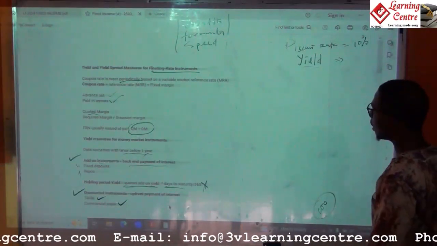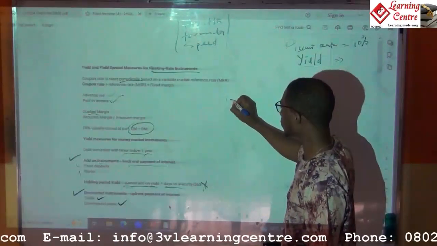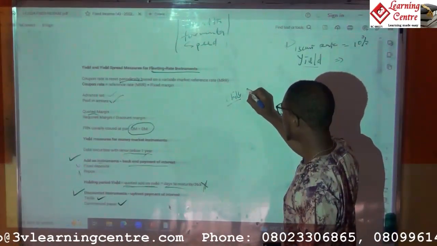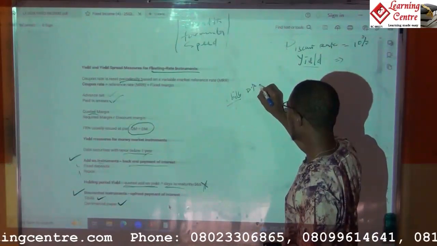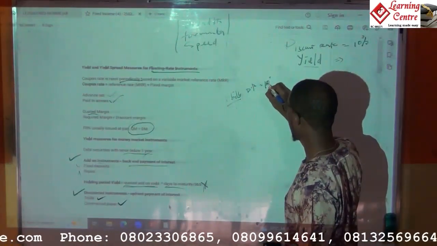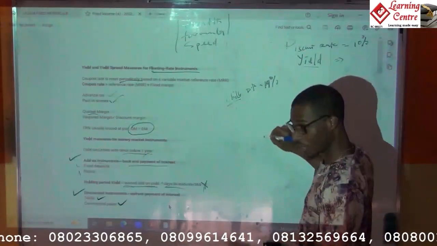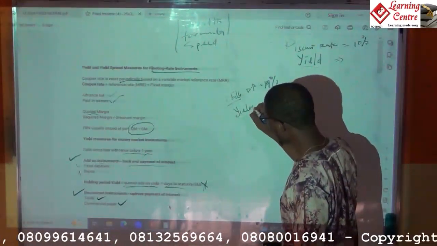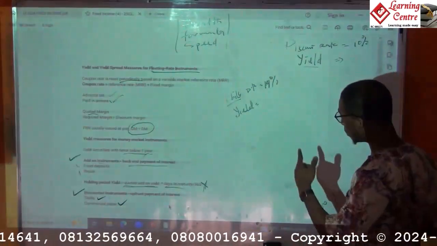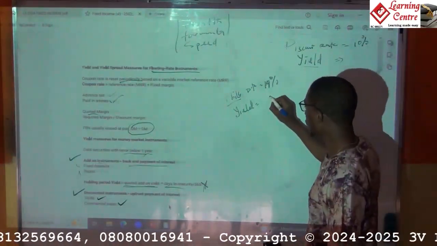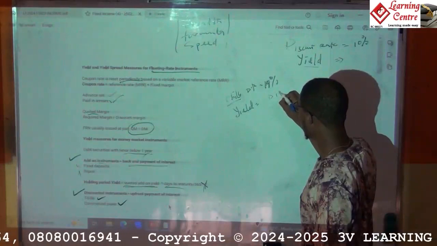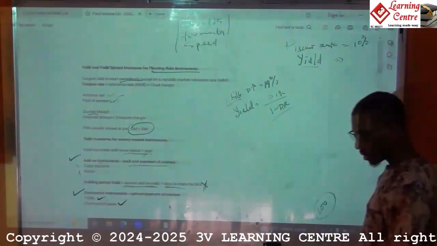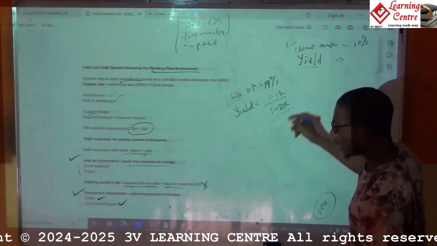So if you are following the T-bills option and they say the discount rate on these T-bills is 10%, I calculate the yield on the instrument. What I do is the discount rate over 1 minus the discount rate. Right, this is the formula to use.